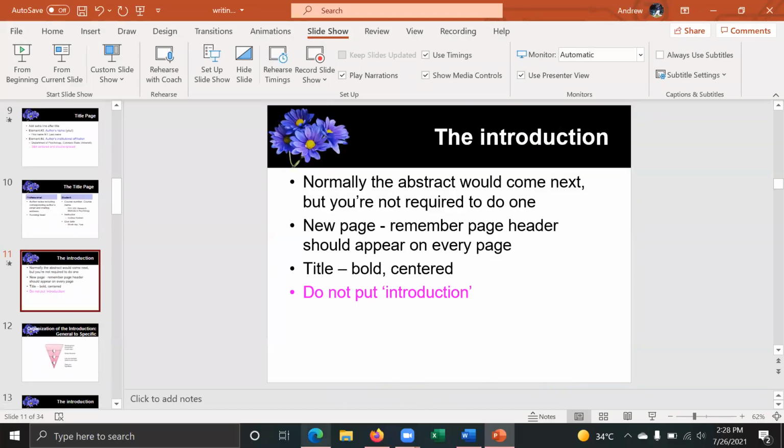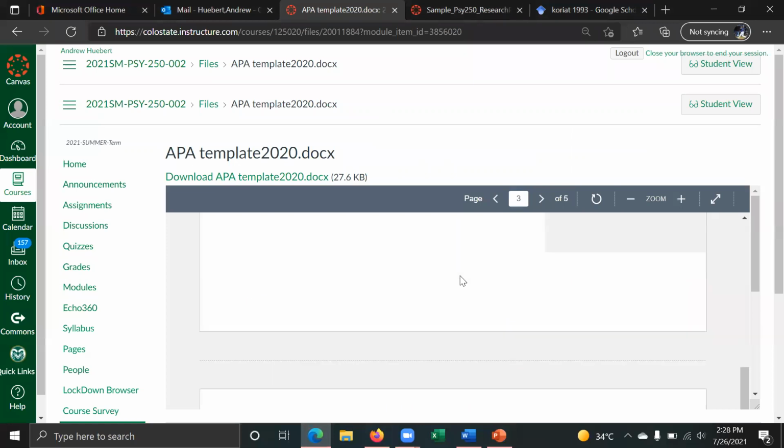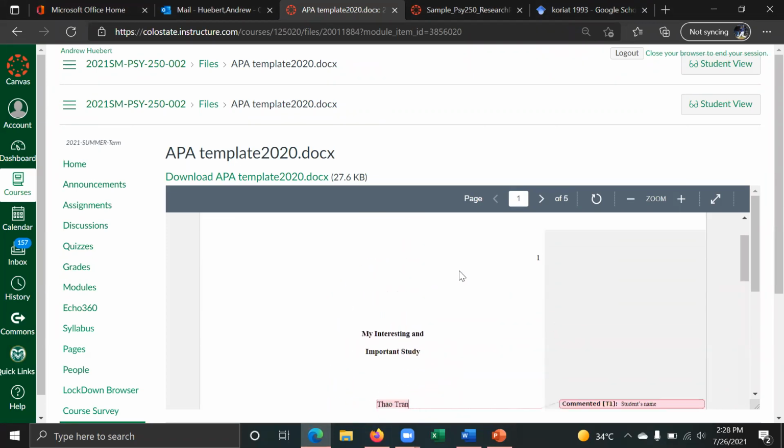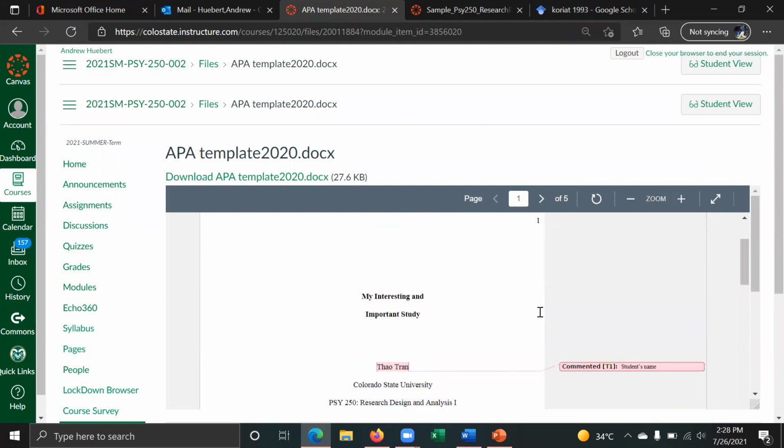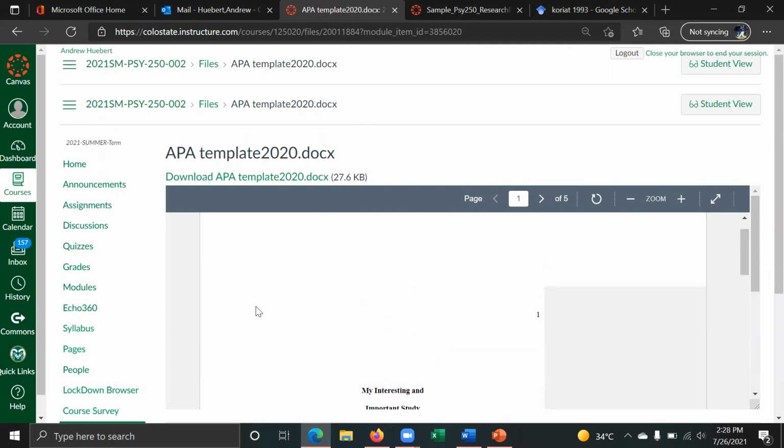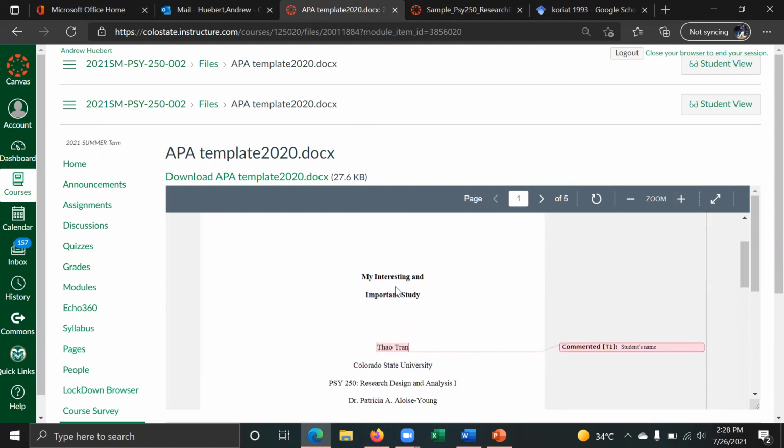So let's see what all that looks like. Here's the page number, of course, in the top right-hand corner. If it was a professional paper, you would have a running head over here, but you're doing a student paper, so you're not going to have that. Here's the title.